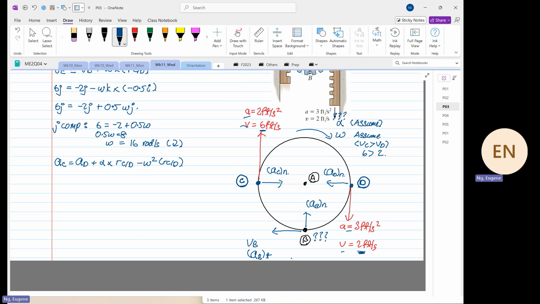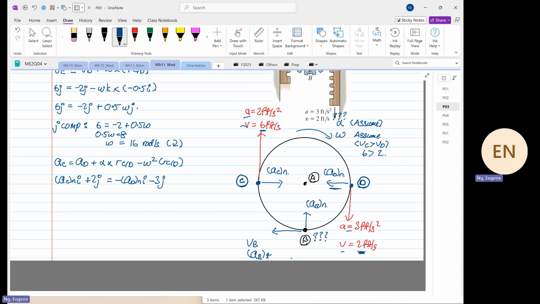If we look at point C, we have our ACN in the I direction, and then plus 2J. The whole thing will be equal to minus ADN in the I direction, because this is pointing towards the left. And then we have minus 3J, because it's pointing downwards.